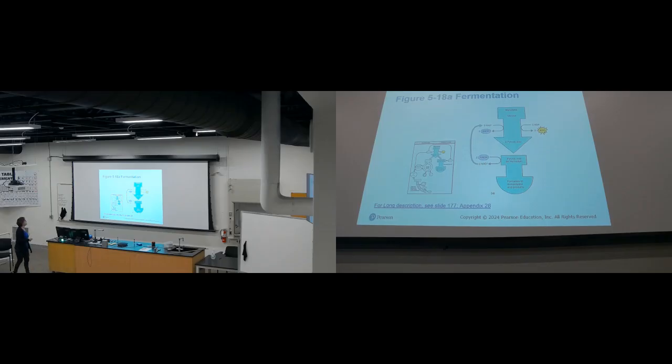So here is the overview of the fermentation process. Everything starts with glycolysis. And then with this glycolysis, of course, you produce your pyruvic acid or a derivative like lactic acid.